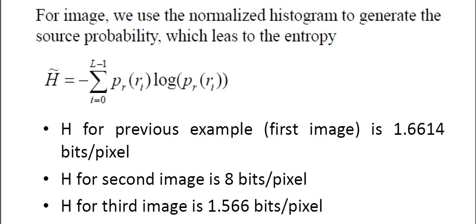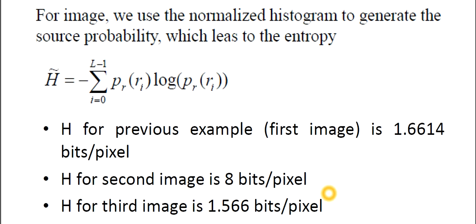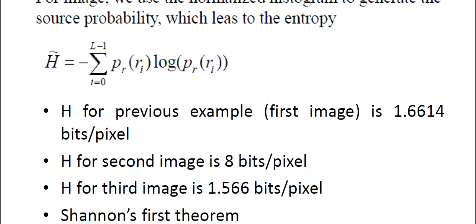Here H for the previous examples is 1.6614 for the first image, 8 bits per pixel for the second image, and 1.566 bits per pixel for the third image. You can easily calculate these values by putting the respective values in this formula, or use the entropy function in MATLAB.